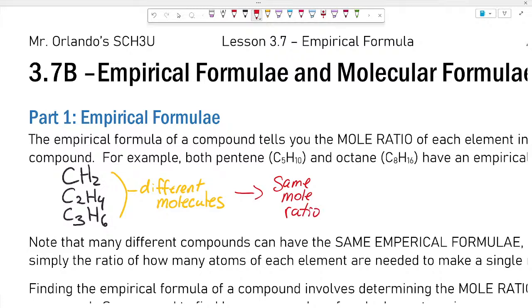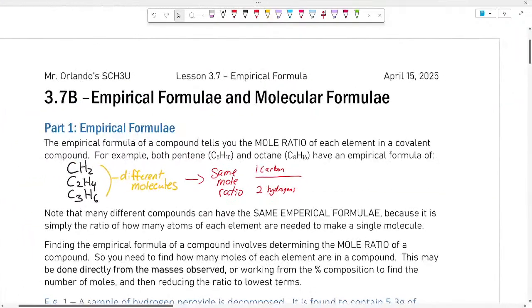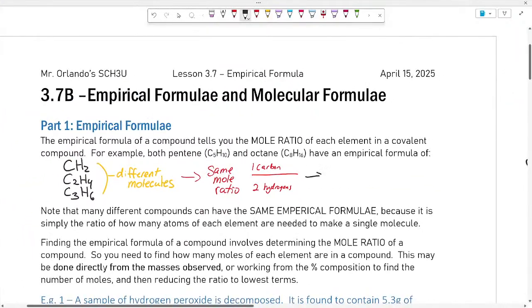And the mole ratio they have is 1 carbon to 2 hydrogens, right? Which we could actually just write as a fraction like that. And as such, we say that these have an empirical formula of CH2.